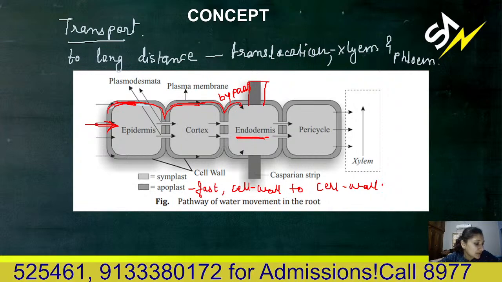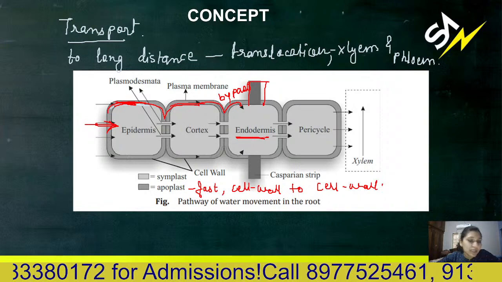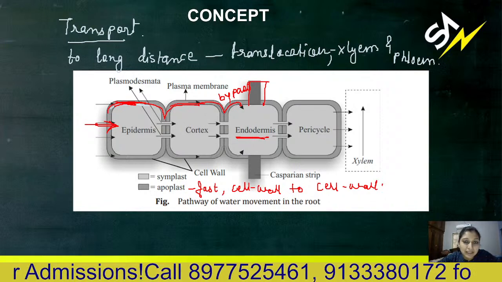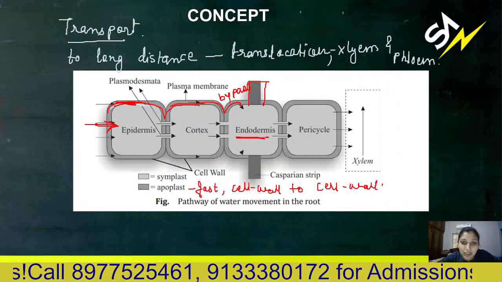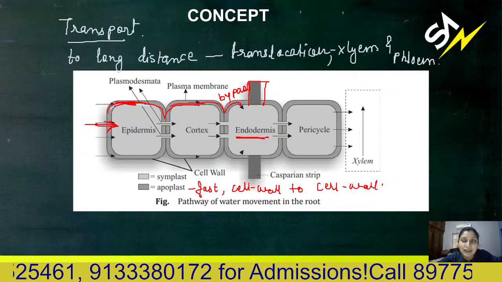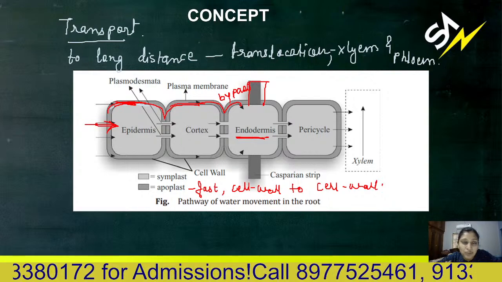Yes, Nitin, you can also answer. Cells present in the endodermis layer are specialized cells, they have a certain type of deposition. Which type of deposition? Is it complete deposition, or in angles, or in which part?